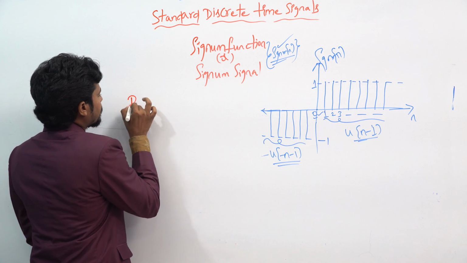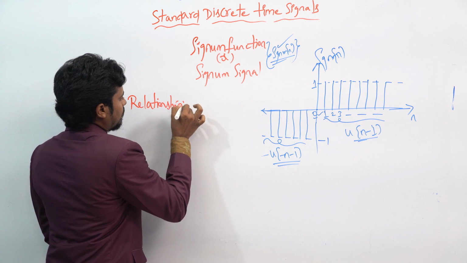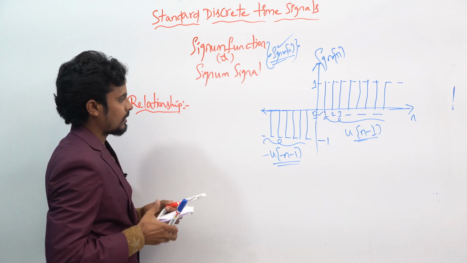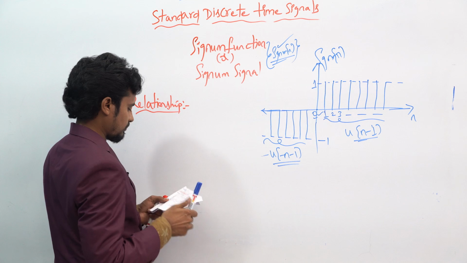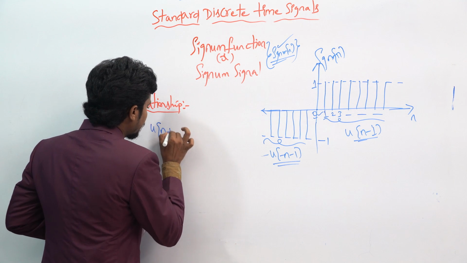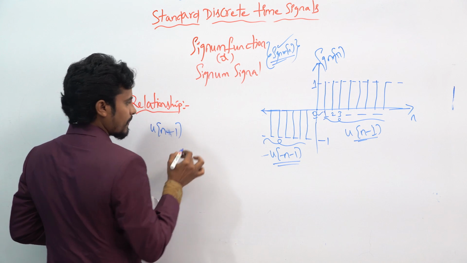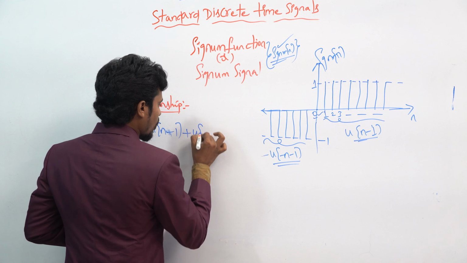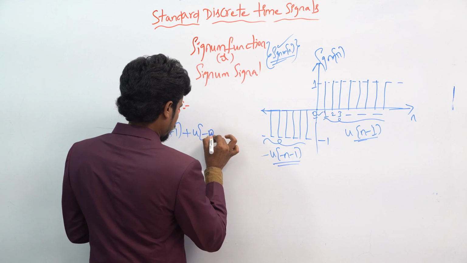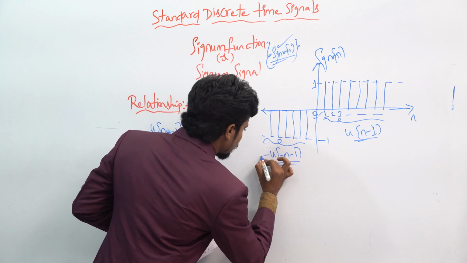Here the relationship: u of n minus 1 plus, here this will be the minus, right?